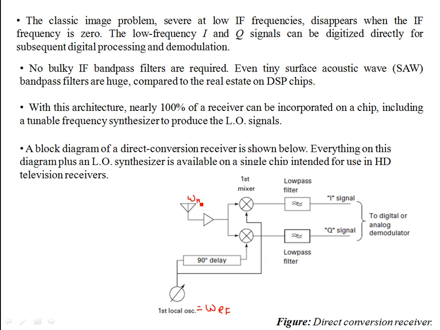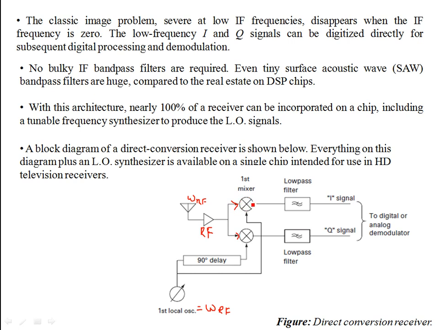You might have an RF amplifier over here, and after amplification of the RF signal, you split it to the first mixer and to the second mixer. The second mixer is 90 degrees delayed, so this is sine omega RF t, and this is cosine omega RF t, right?